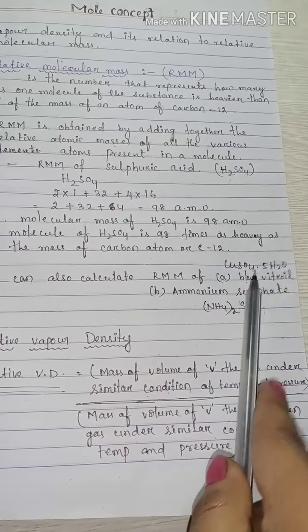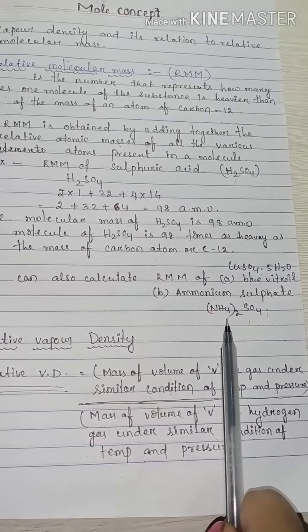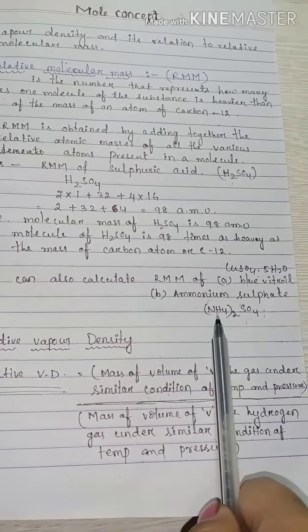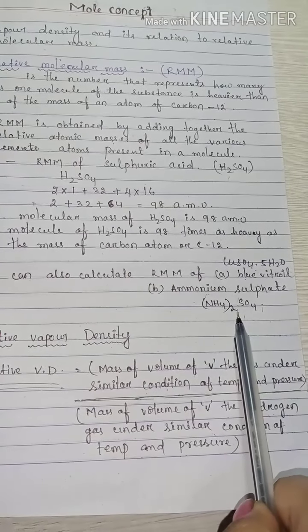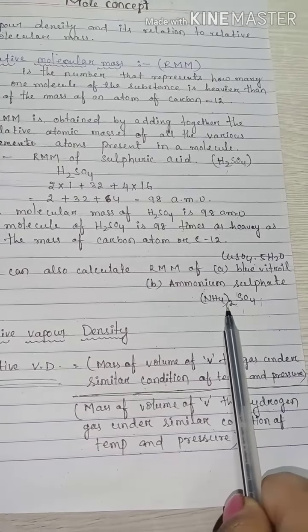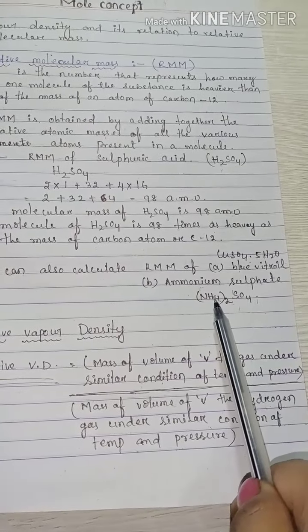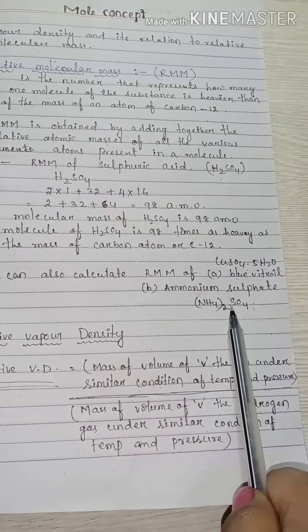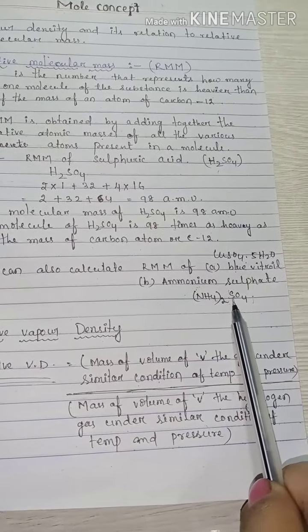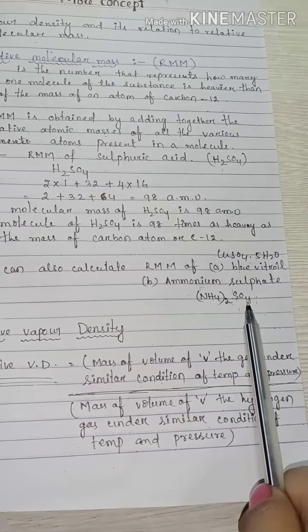Ammonium sulfate is the same. You calculate the mass of ammonium, which I think is 18, and multiply it by 2, that is 36. Then add sulfur, 32, plus oxygen, 16 into 4, that is 64.